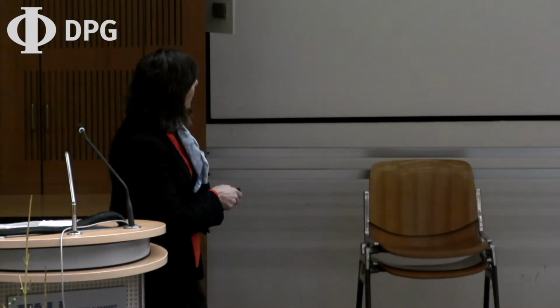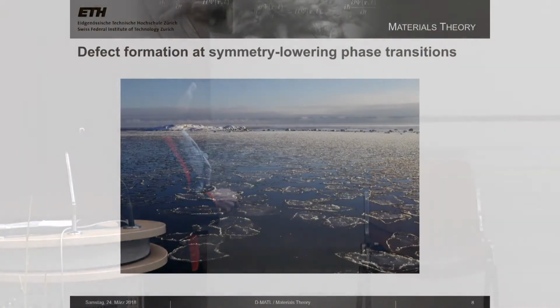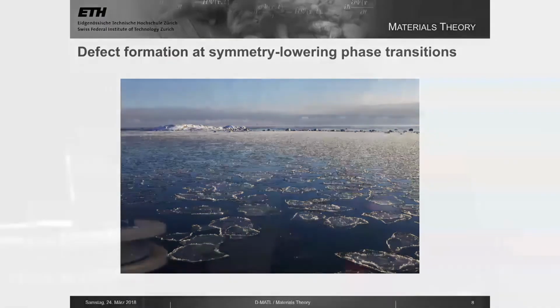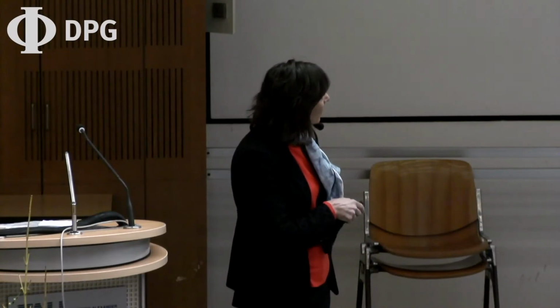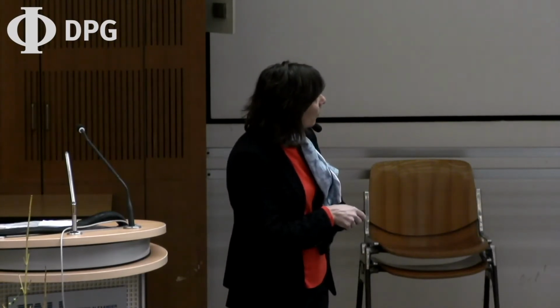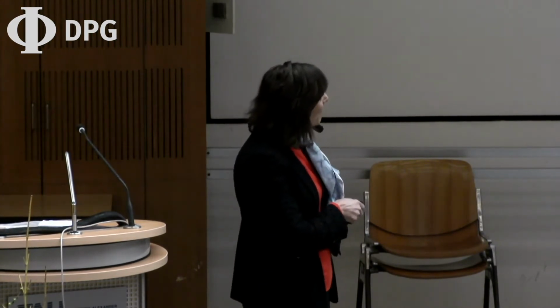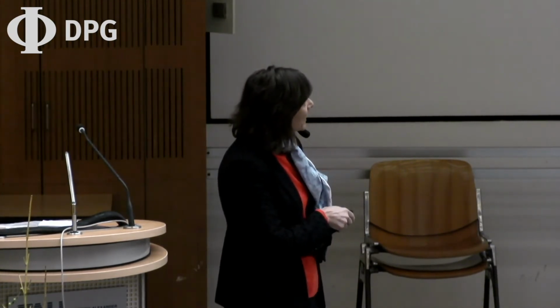This is a photograph from Antarctica of the formation of ice platelets on the surface of a lagoon. And you can see at the start of the ice formation process, different regions of the lagoon surface form different platelets of ice, and the molecules in these different platelets can have different orientations relative to each other.